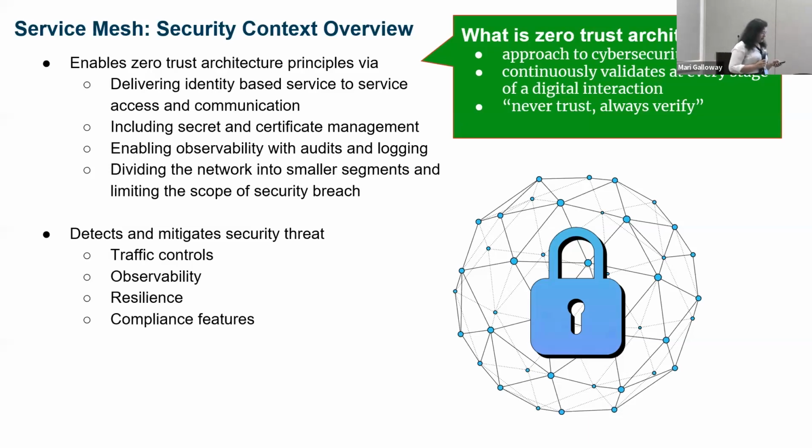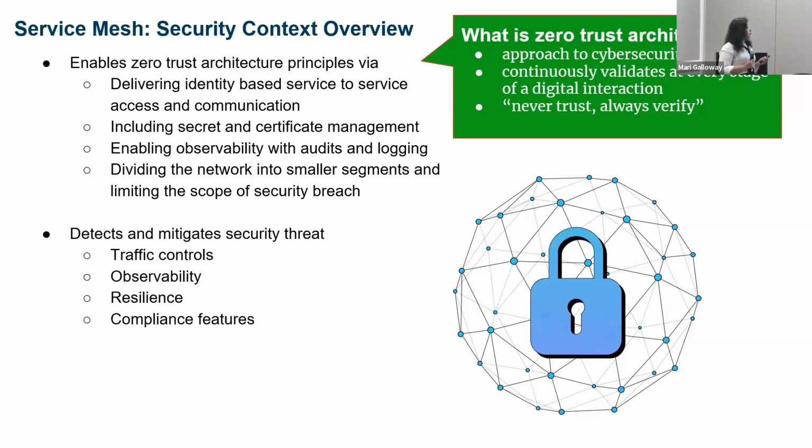Implementing a service mesh in your environment helps with zero trust architecture by delivering identity-based service-to-service access and communication. These are the features provided by service mesh which help with zero trust architecture. The service mesh provides secret and certificate management. It enables observability with audits and logging, and it also helps divide the network into smaller segments by limiting the scope of a security breach. These are all the principles that are essential to build a zero trust architecture, which service mesh provides.